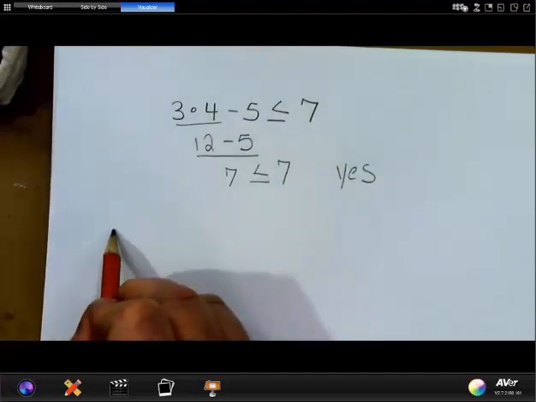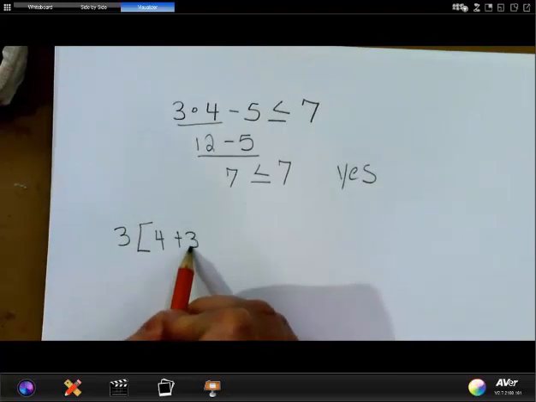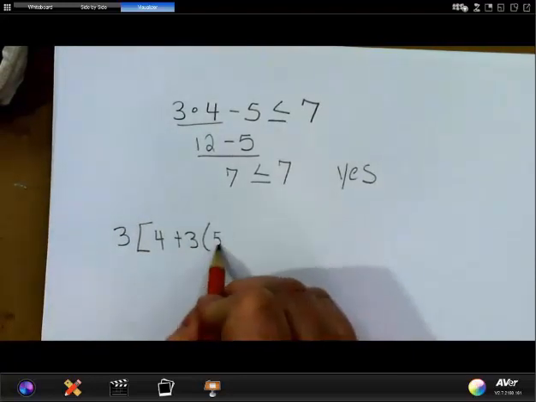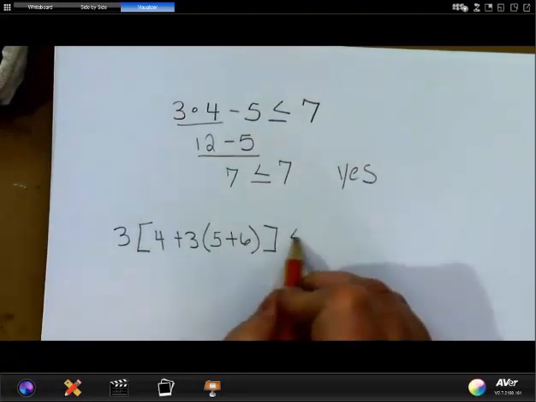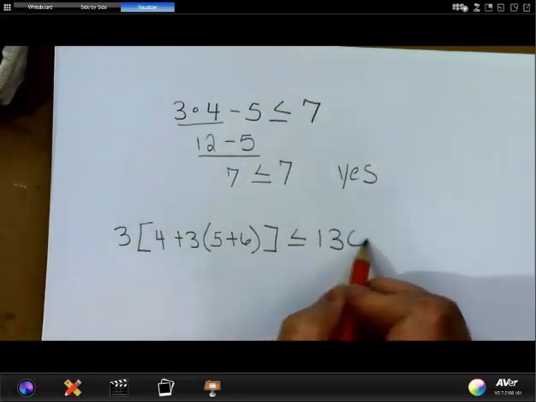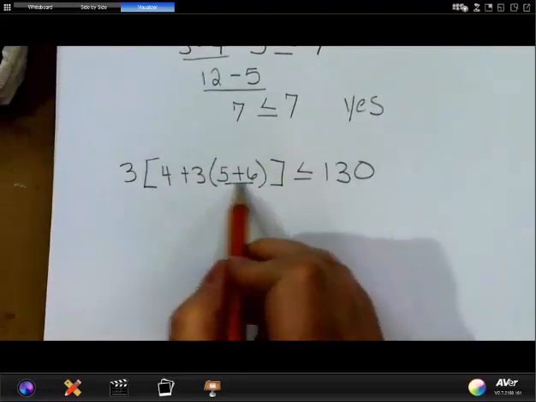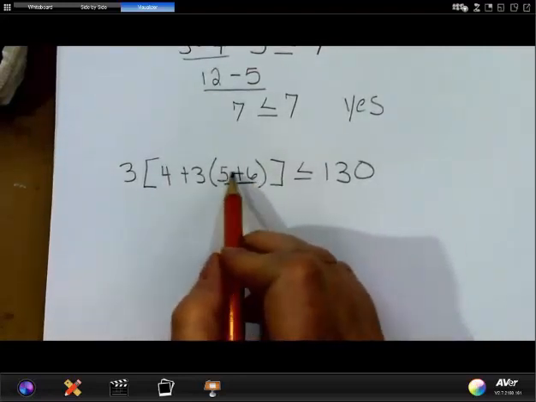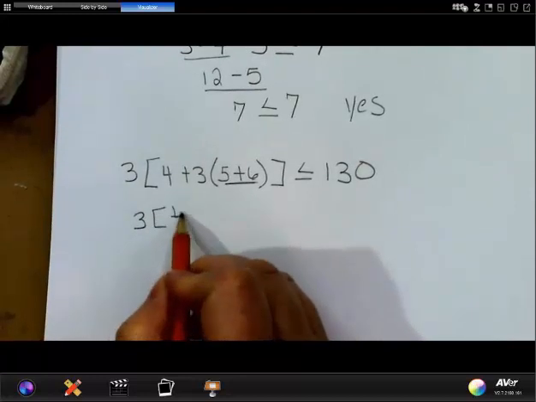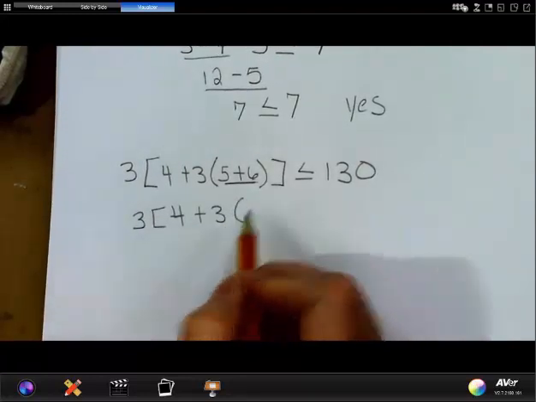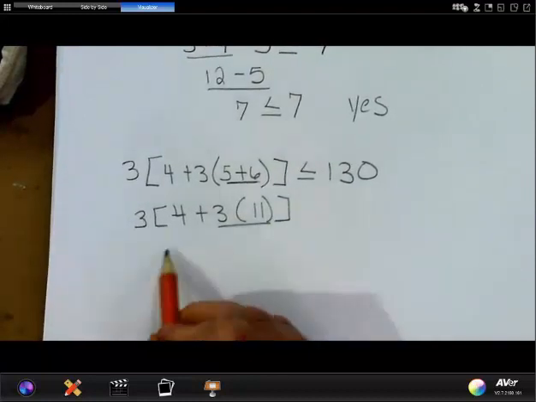So let's look at this one. Now, those are just double brackets. Don't be scared. So we're going to go inside, inside, inside. This is what we do first. What's 5 plus 6? 11. Now we multiply.